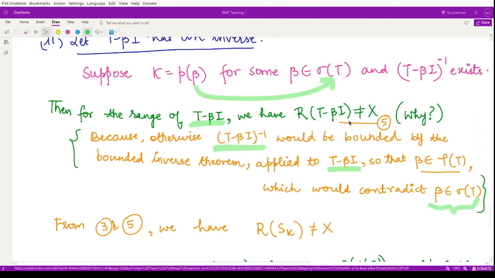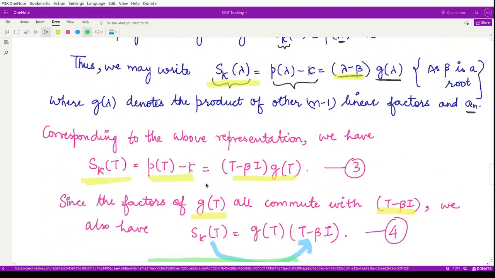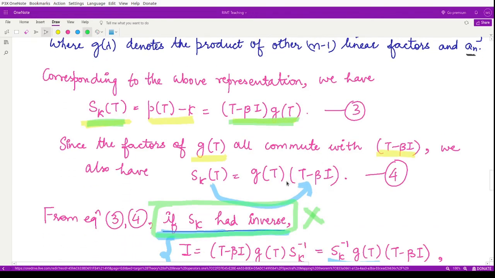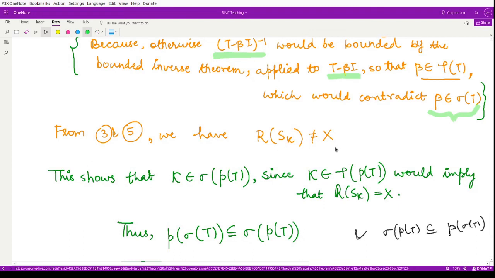So this cannot happen. Using the condition that the range of T minus beta I is not equal to X, and using equation 3, which says that S_kappa(T) is nothing but (T minus beta I) g(T), we say that the range of the S_kappa operator is also not equal to X. If this is not equal to X, then kappa will not belong to the resolvent set, because the third property for a resolvent vector is not satisfied here.